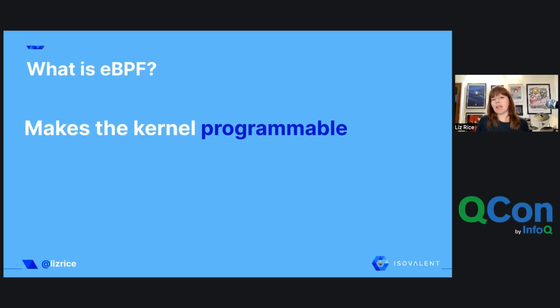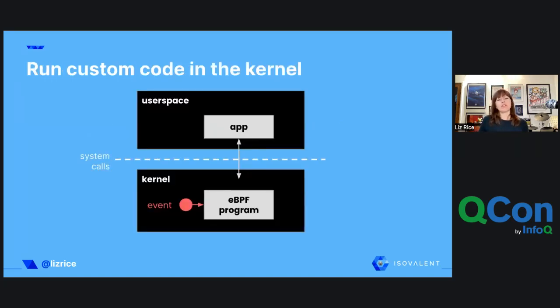So normally we're writing applications that run in user space. eBPF is allowing us to write programs that run within the kernel. And we load the eBPF program into the kernel and we attach it to an event. So whenever that event happens, it's going to trigger the eBPF program to run.